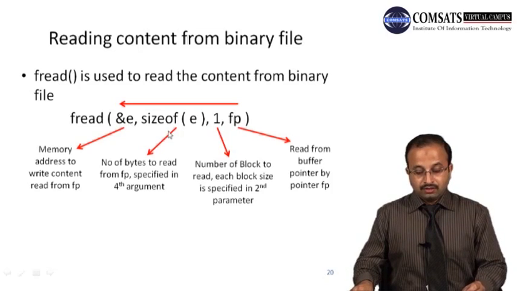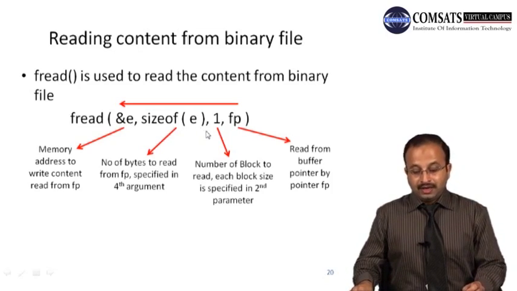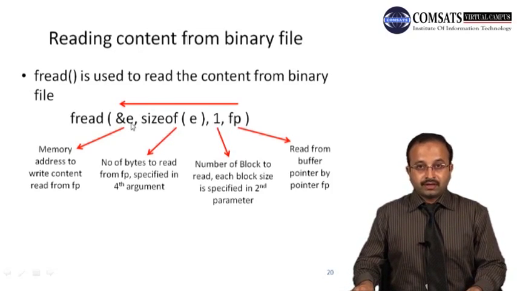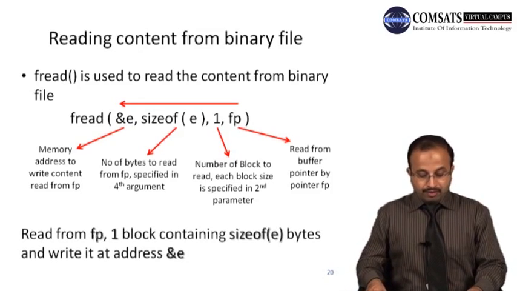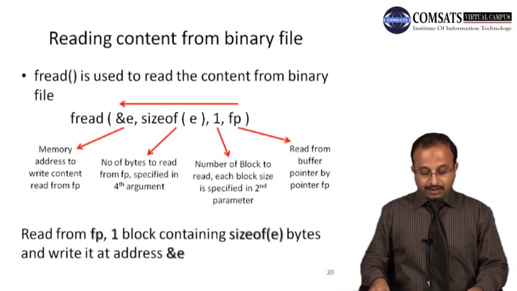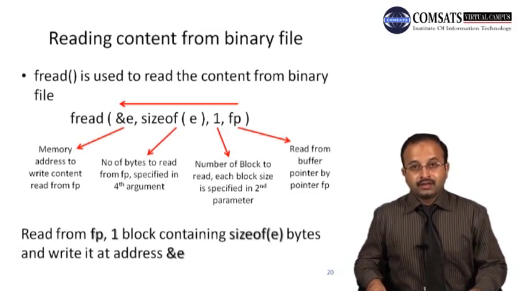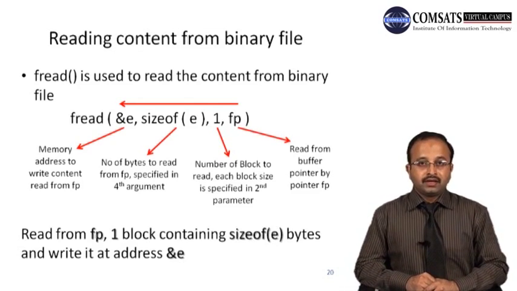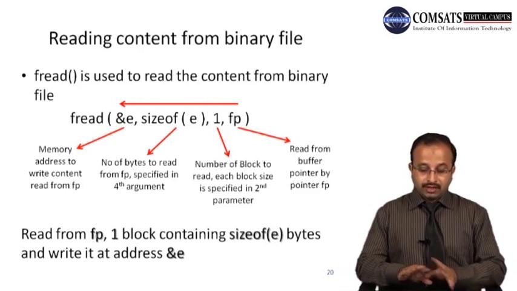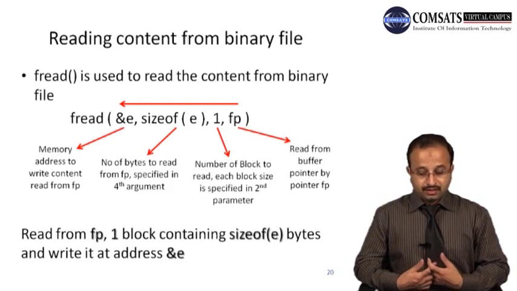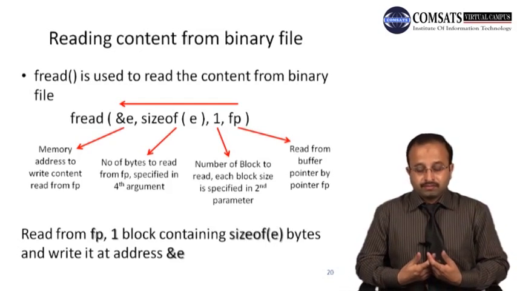So from fp, you have to read one block of sizeof E bytes and write it at the memory address specified in the first parameter. So we can say: read from fp one block containing sizeof E bytes and write it at the address of E. Whenever you have to read the file, you read from the fp and write it in some variable's address. All the functions work in this way. Like fgetc returns a character and you store that character in some variable.